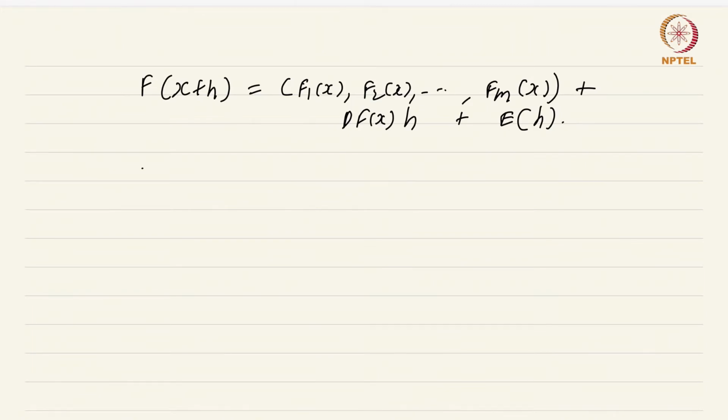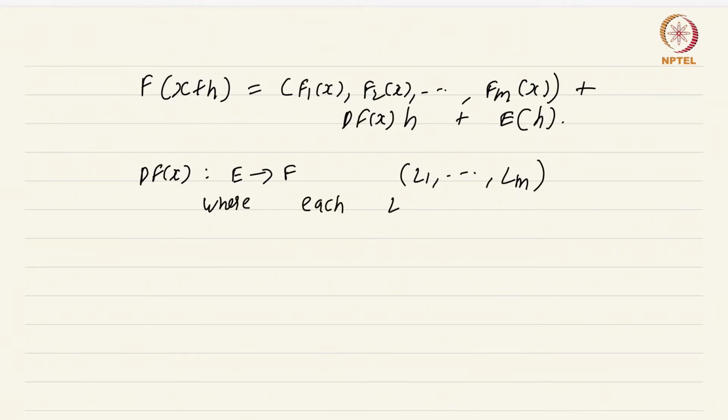Now dfx is itself a linear map from E to F, which I can write in components as L1 dot dot dot Lm, simply because F is an m-dimensional space, where each Li is linear. Because the map dfx is linear, each component must also be linear.